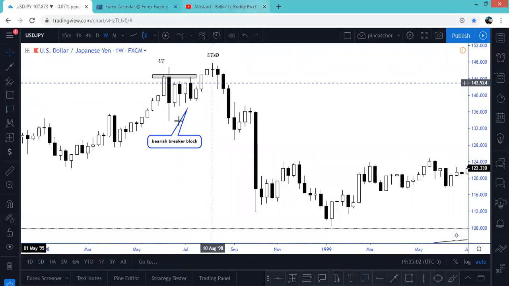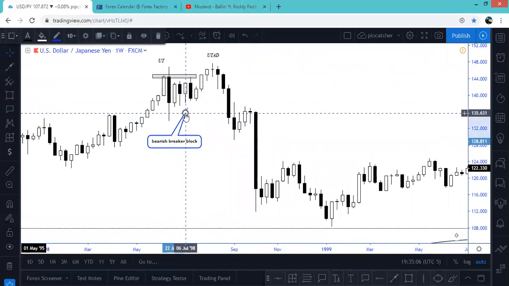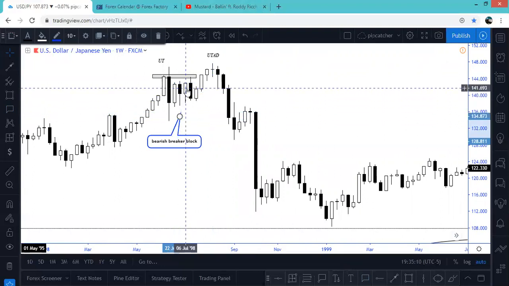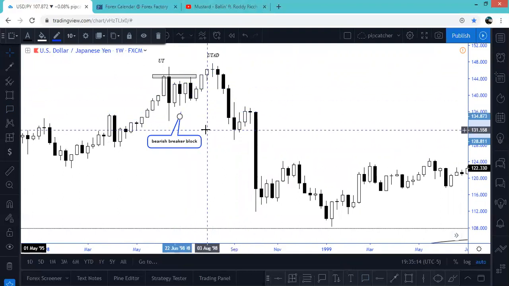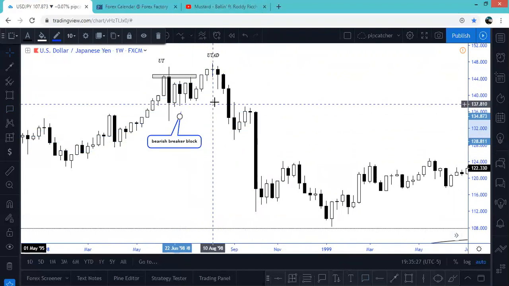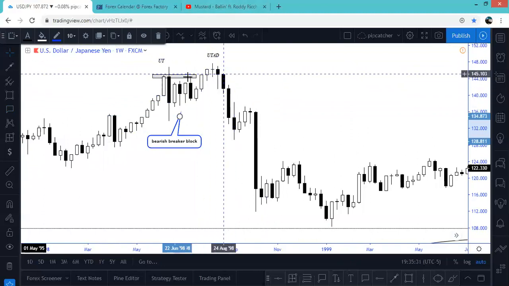So if you remember what I was talking about on breaker blocks, when you see something like this, you can ask yourself, was there a high or low taken out, or a stop hunt?